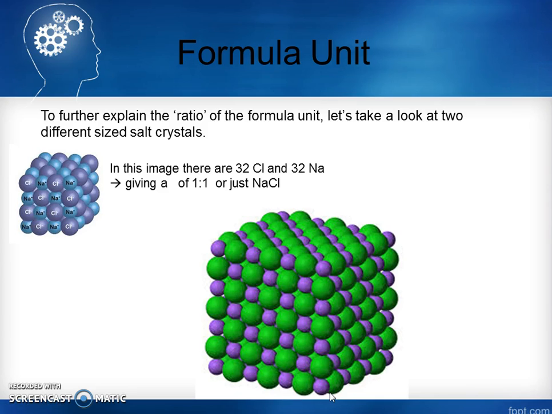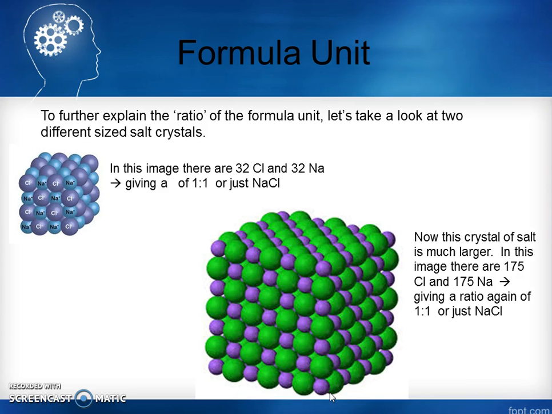I must have missed one. So 25 times 7 gives us 175 chlorines. And if we were to do the same with the sodiums, we'd see there was 25, giving us 175 sodiums. Again, the ratio that we see here is 1 to 1, or just NaCl.